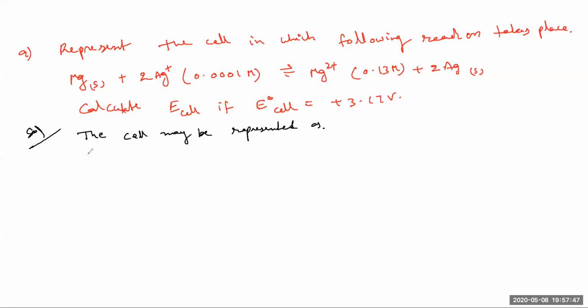So that one we can write, Mg solid, slash, your concentration is 0.13, parallel lines, silver, Ag plus, no need to write moles, Ag plus 0.00, and solid. That is the cell representation.